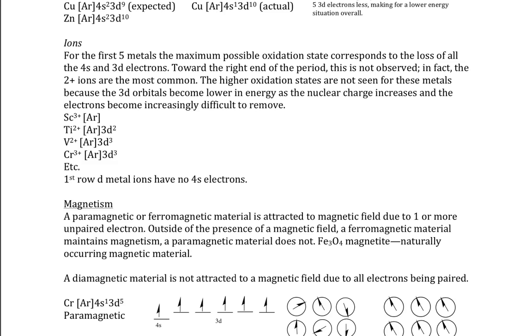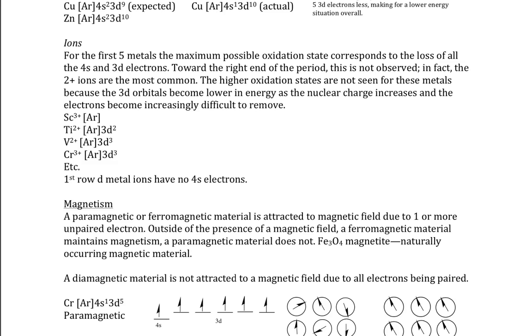So we have the electron configuration argon 3d2. Vanadium 2+, it has lost those 4s electrons, so it is argon 3d3. Chromium 3+, it has lost the 4s electrons plus one of the 3d electrons, so its electron configuration is argon 3d3. So, etc.